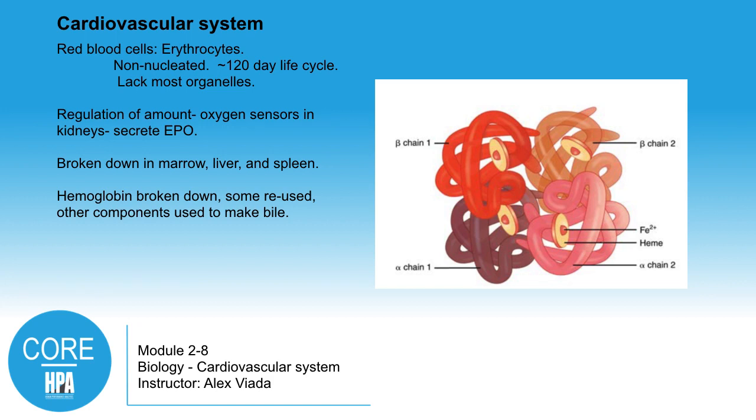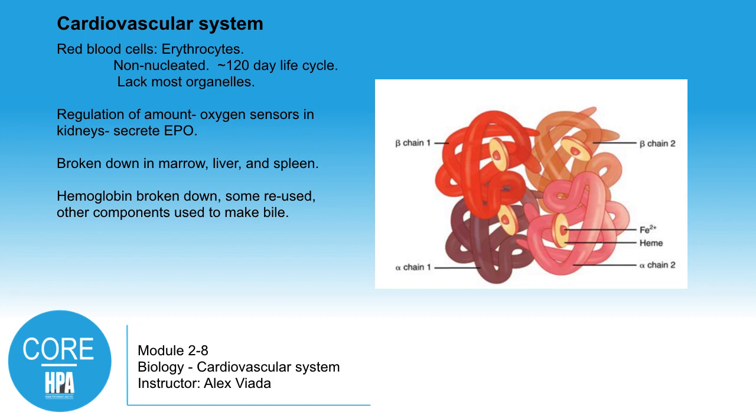Some of the amino acids can be reused to make more hemoglobin. Other compounds like bilirubin are basically taken, and these colorful portions of hemoglobin are incorporated into other things like bile. What's interesting about this as well is note that these are very colorful portions of hemoglobin that can be green and yellowish in color.